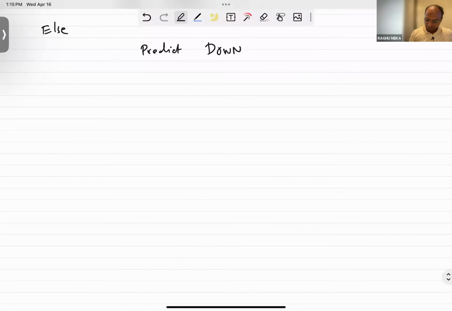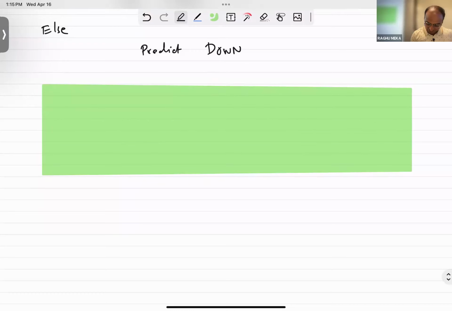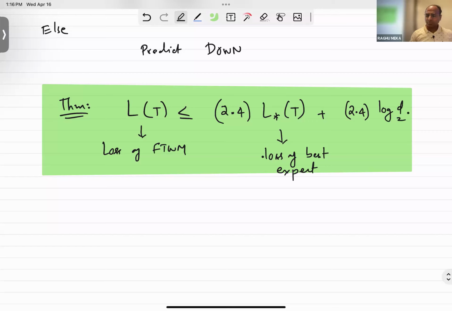All right. And follow the weighted majority actually does quite well. We will show shortly that the loss of follow the weighted majority is at most a constant times the loss of the best expert plus a log term.